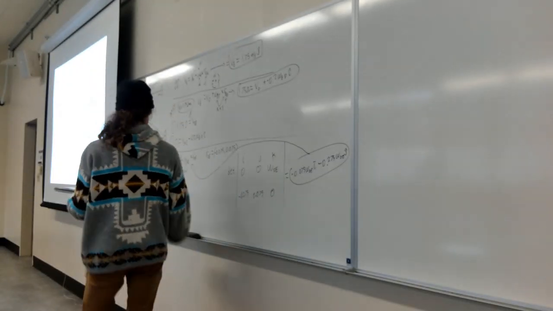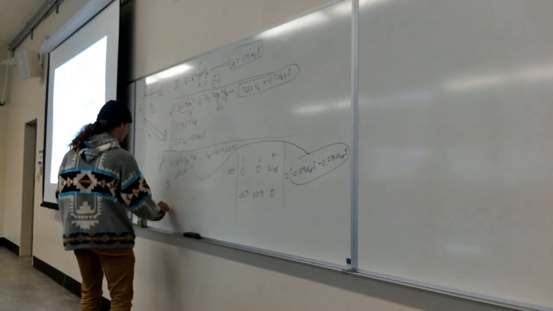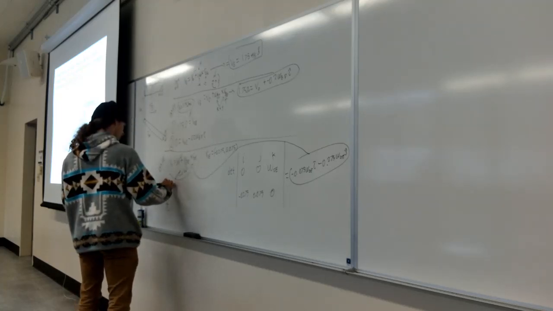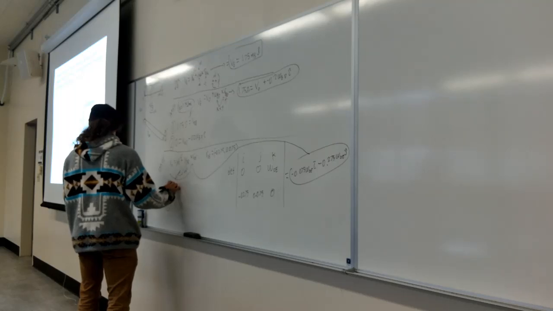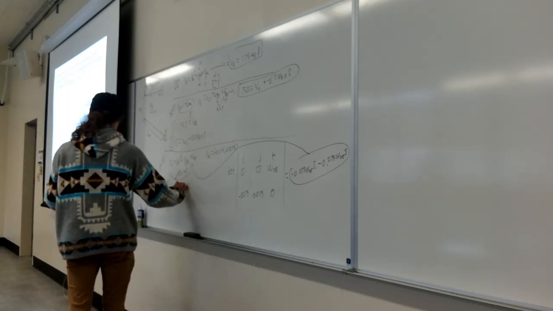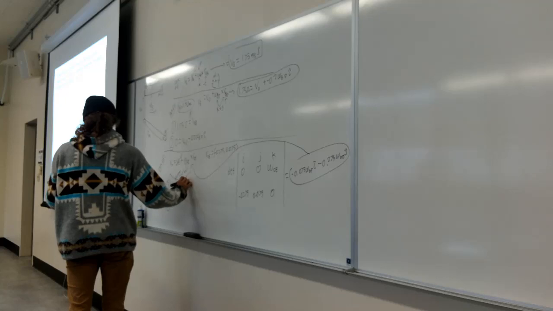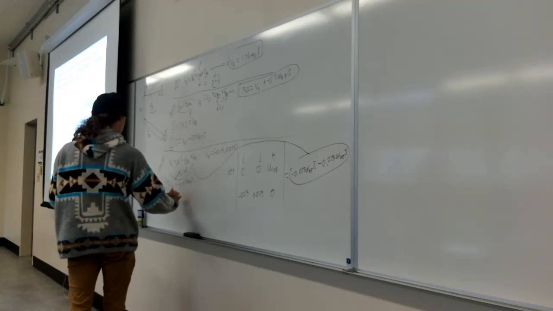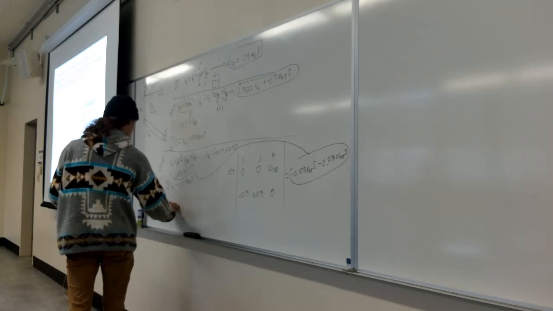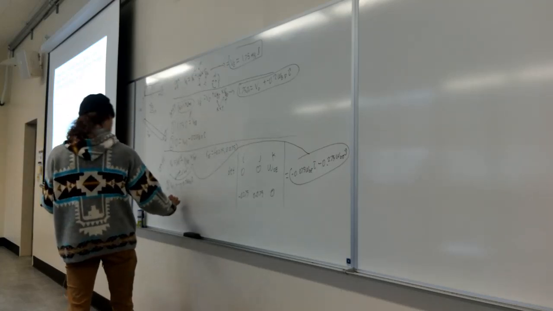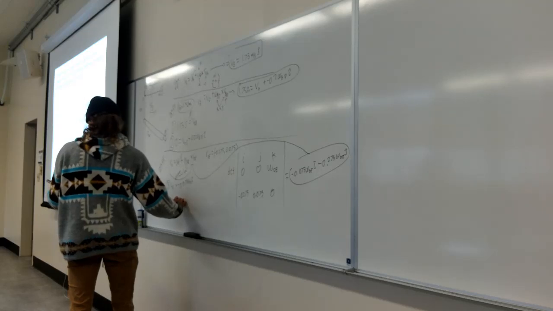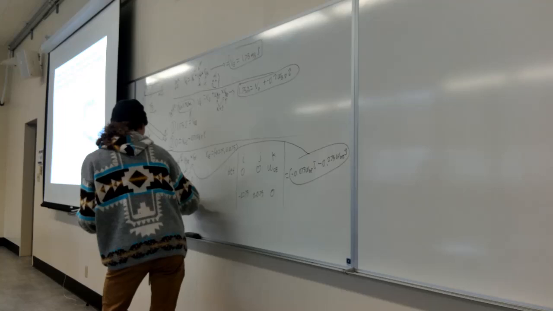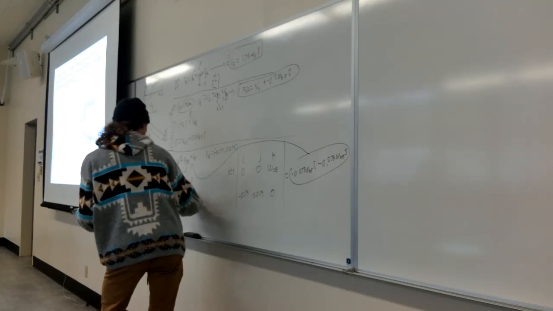So we get our next two equations, 3 and 4, which are VD i hat is equal to 0.075 omega DE i hat, and VD j hat is equal to negative 0.275 omega DE j hat.